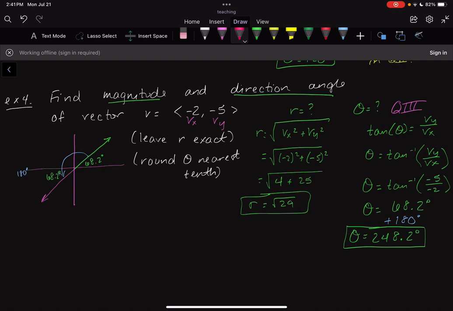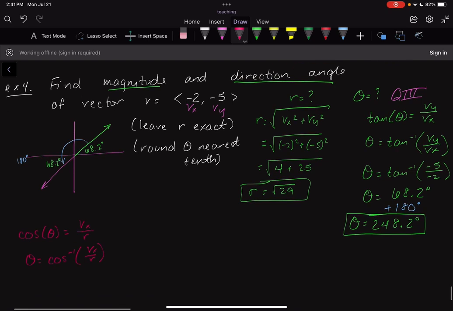Now I want to show you what we also could have done if we had used a different trig function to find theta. So you don't have to write this down or anything. Maybe you can just watch and see which one you think is easier. So my other options for theta, I could have used cosine theta is equal to Vx over r. This would have been theta equals cosine inverse of Vx over r. I'm just plugging it in.